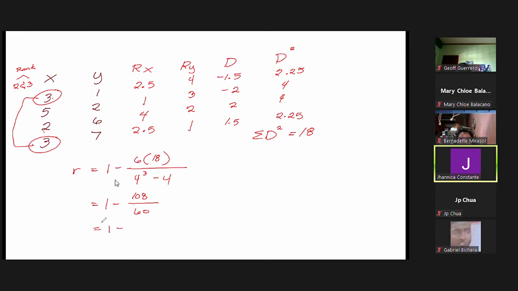So 1 minus 108 divided by 60, which is equal to 1.8. So correlation is equal to negative 0.8.